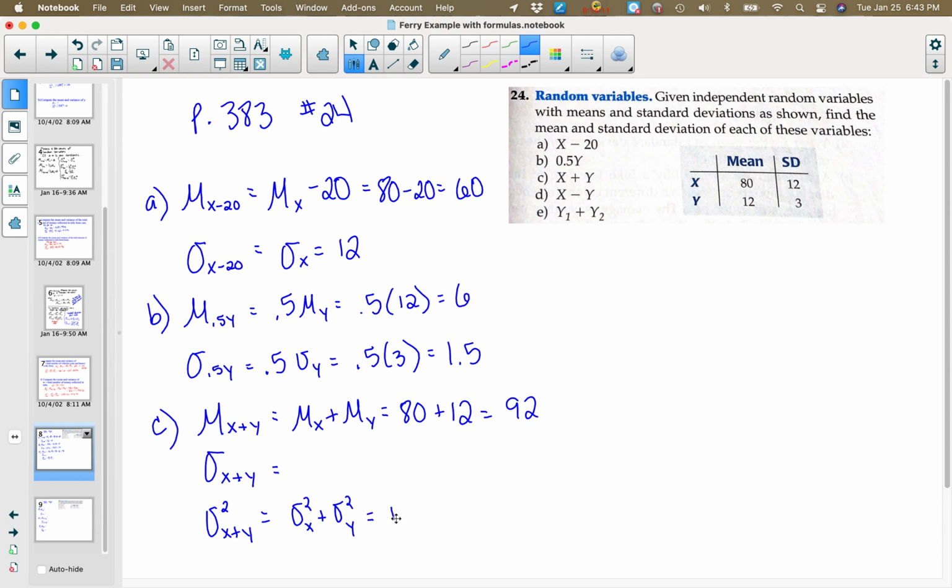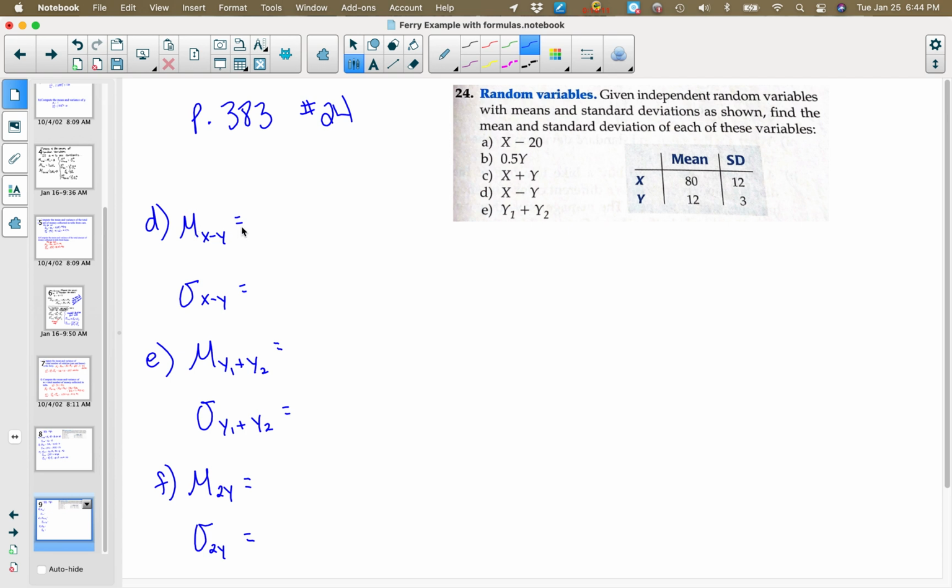So we're going to take 12 squared plus 3 squared. 144 plus 9. So we get 153. So now I can go back to this and say the square root of 153. And I want to know about what that's equal to. So it's about 12.369. But you're going to have to find this first, and then you can find the standard deviation.